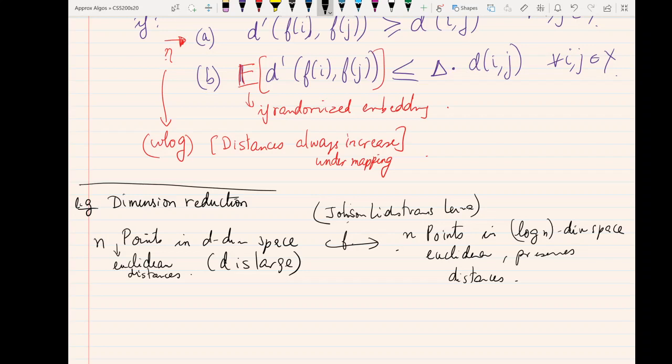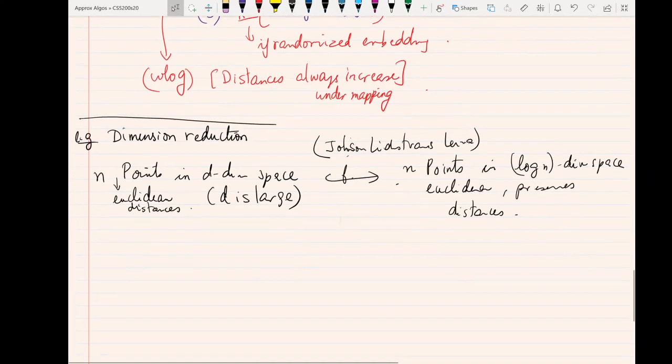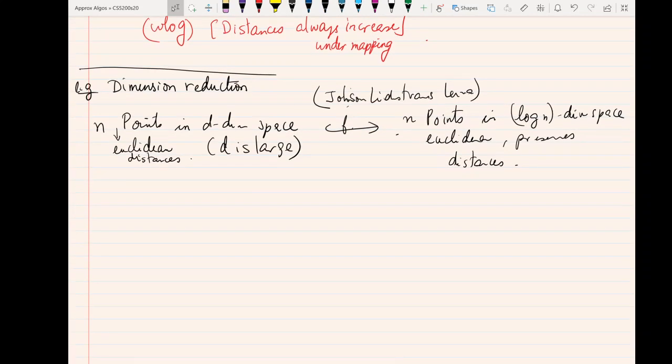Now, let me state a really remarkable theorem regarding embedding of metrics into tree metrics, which is what we'll use for today.